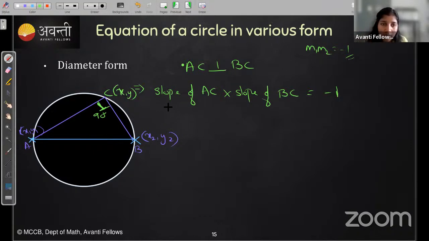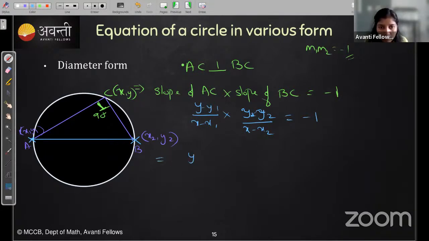So it's going to be y minus y1 divided by x minus x1, into y minus y2 divided by x minus x2, equal to minus 1. This is the slope of AC and this is the slope of BC.